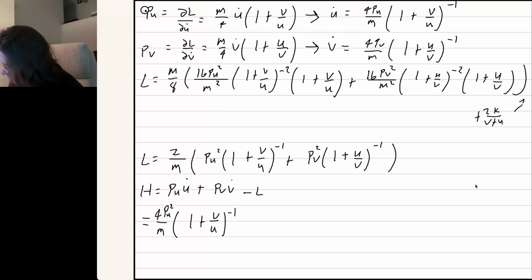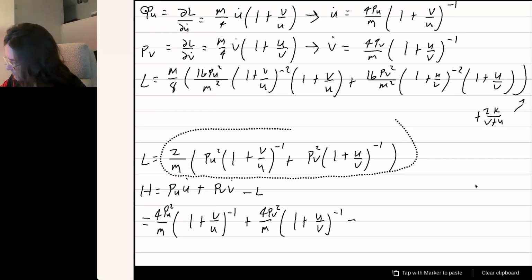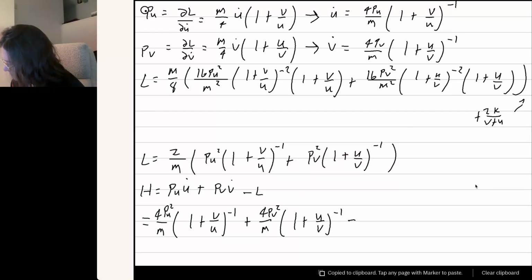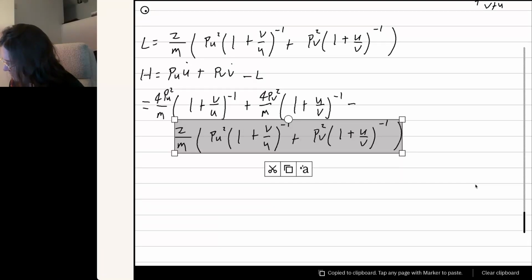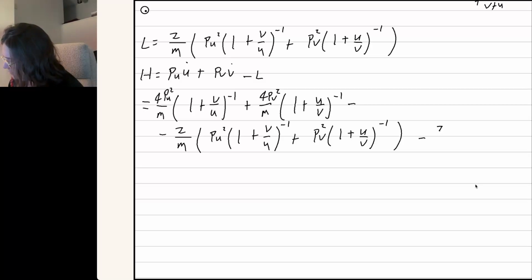And that's going to be 4 over m p_v squared (1 plus u over v) to the minus 1. All of that minus this stuff, which I'm just going to copy over, minus that and minus 2k over v plus u.